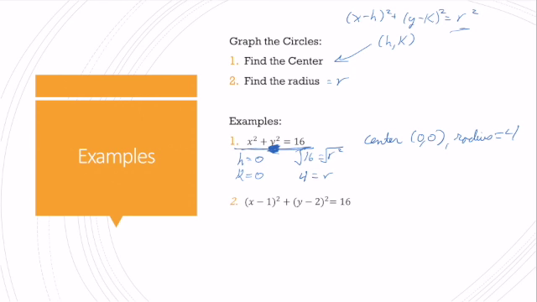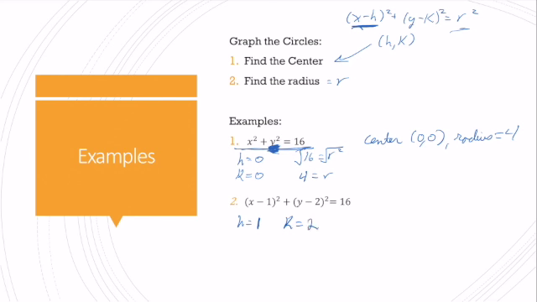I have x minus 1 squared plus y minus 2 squared. My h is, because it has to look like x minus h, which it already does, so my h is 1. My k, it has to look like y minus k, and it does, so I have k is 2.